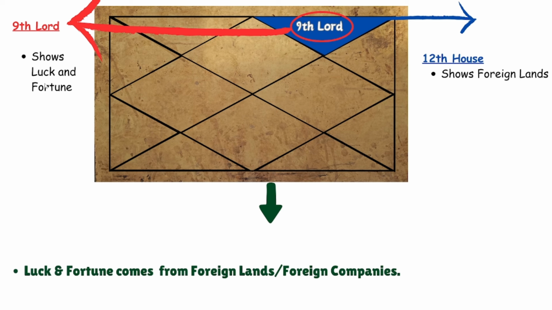Okay, because this placement is showing that your luck and fortune is more tied to a foreign land. Otherwise it is a dusthana, your luck and fortune is going to a dusthana house, which shows that not much luck and fortune support in your homeland. But if you move away to a foreign land, that is when luck and fortune is going to support you.